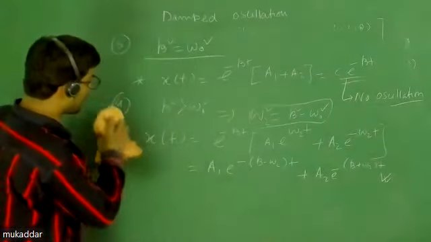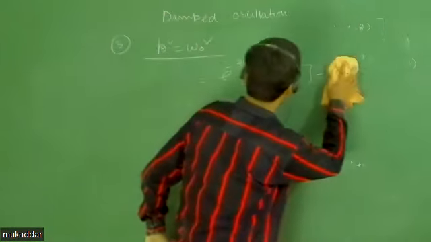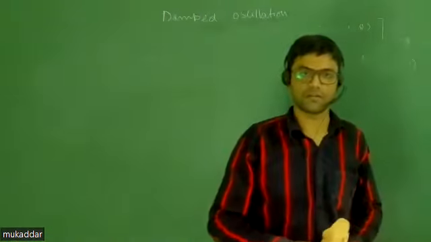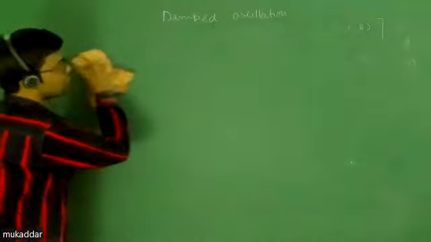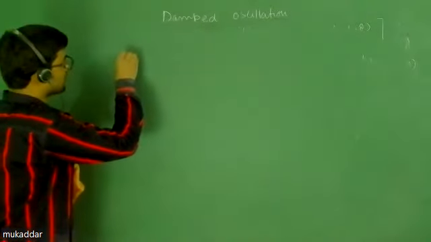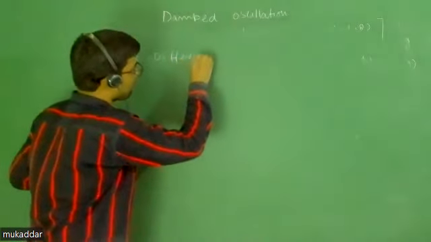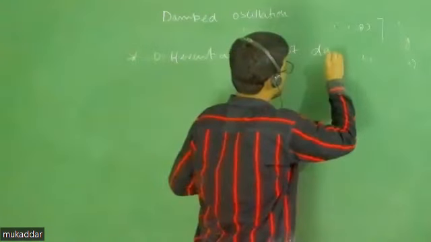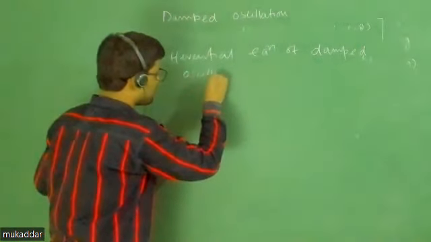Okay, now I'm giving one problem. Please try to solve that question. A question based on this comes in your exam. You can solve it by using differential equations, which you study in mathematical physics, and also by using the damped oscillation solution. Suppose a differential equation of damped oscillation is given.